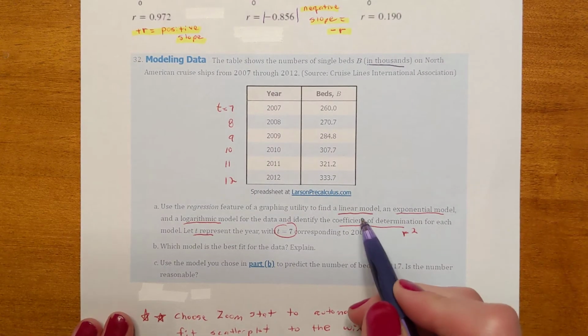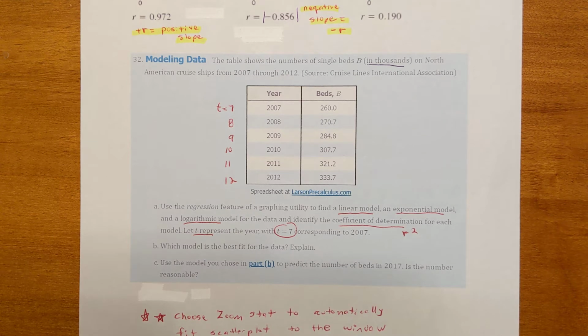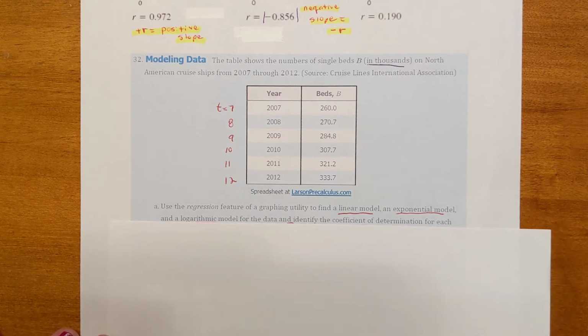All right, so they want us to do 3 on it: linear, exponential, and logarithmic. You might want to go grab an extra piece of paper. It'll help. So why don't we just start with the linear model and put those numbers on our calculator. So let's turn it on.